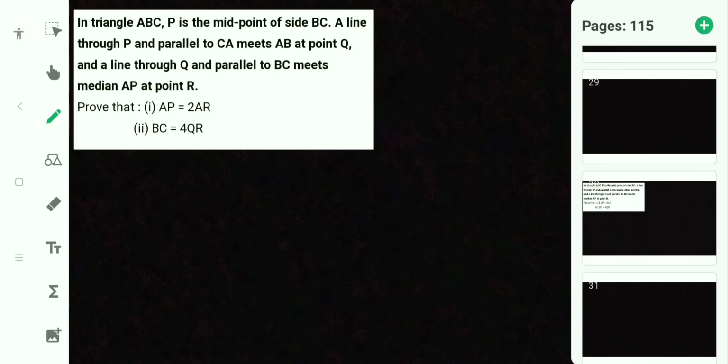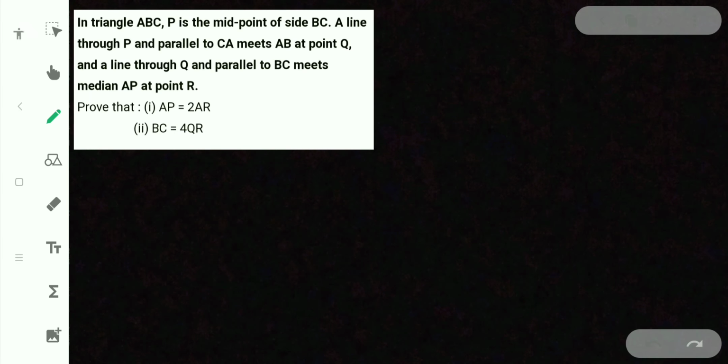We have proved as we have proved. Next, let us go on to the next question, the last question. In triangle ABC, P is midpoint of side BC.